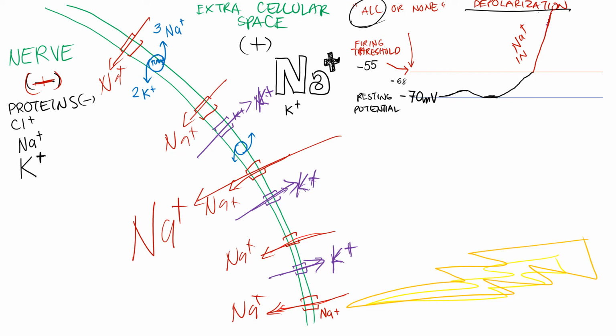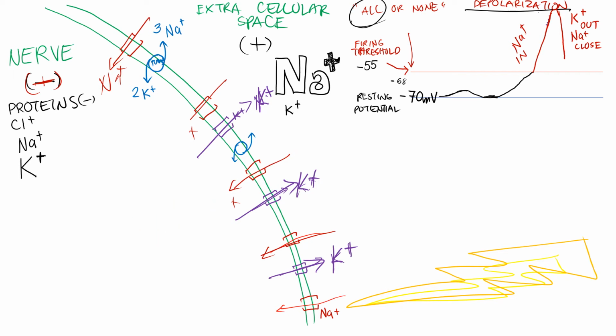It slows down and it peaks, and it now goes back down. It goes back down because now the majority of your potassium channels are getting your potassium ions out, and then your sodium channels now close. So these now close, your sodium stops coming in.